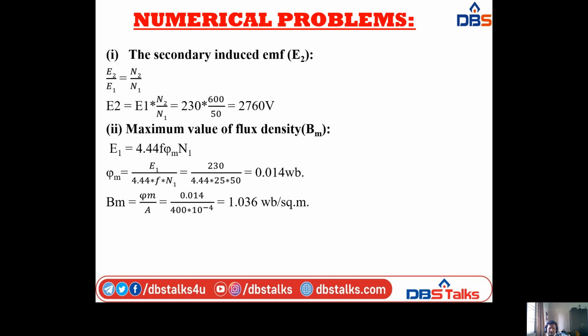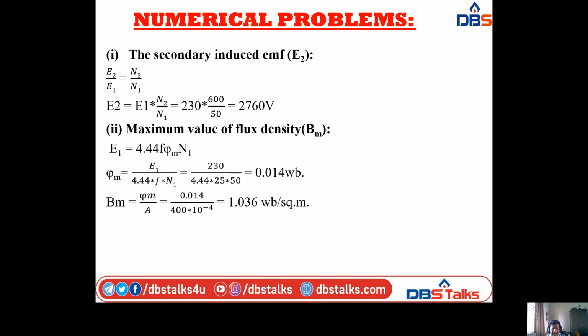So from that, you have to determine it. First determine phi m. E1 by 4.44 F N1, that is equal to 230 by 4.44 into 25 into 50, that is equal to 0.014 Weber. So once we have determined the flux in the core, we determine the flux density.